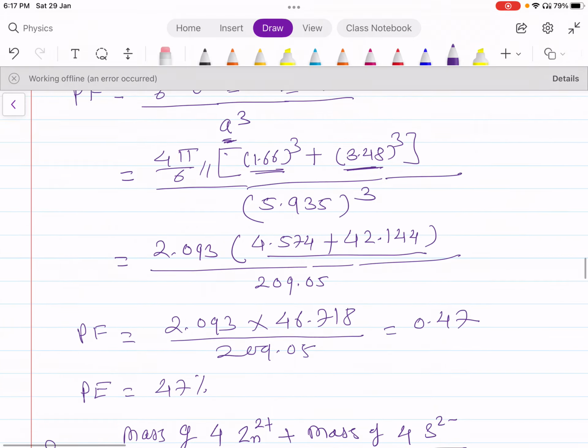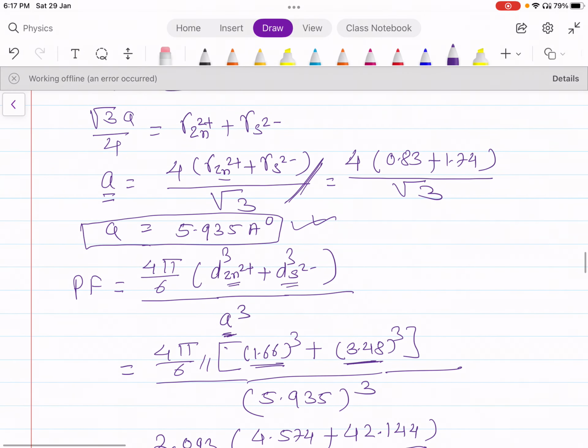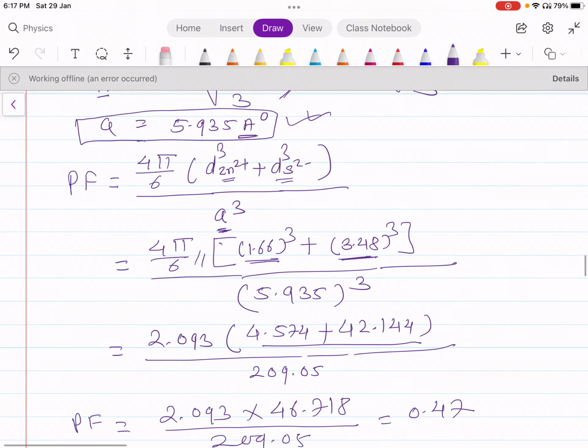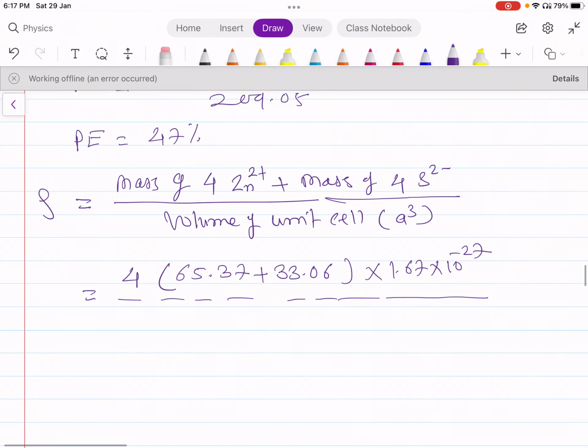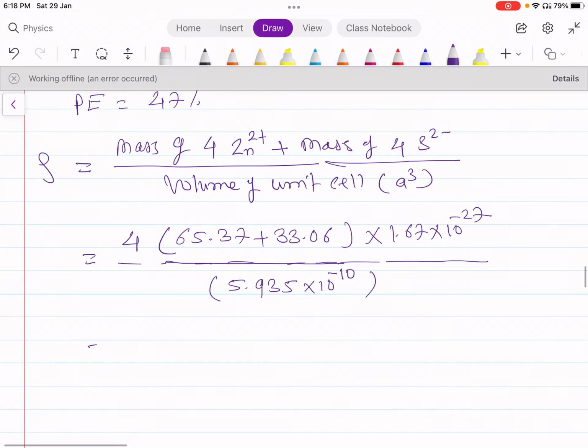We know the value of A. This is value of A, 5.935. So that divided by 5.935. This is in angstrom. So let's convert that in meter by multiplying 10 to power minus 10. So we get this in meter. Okay.